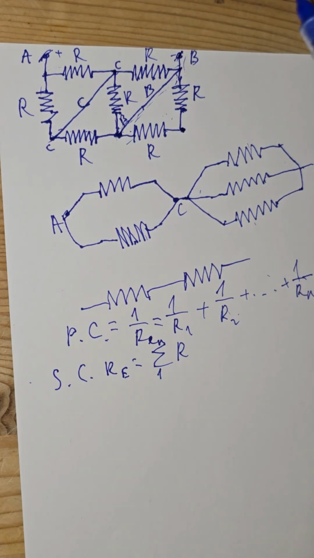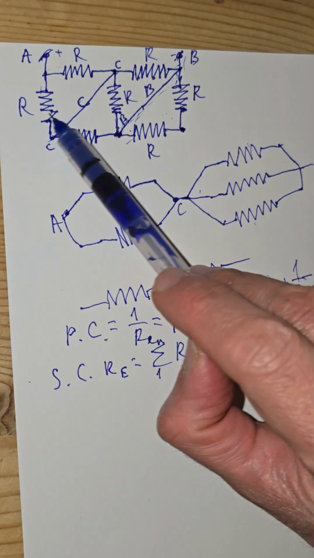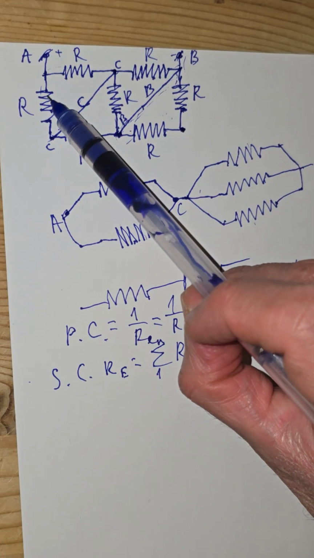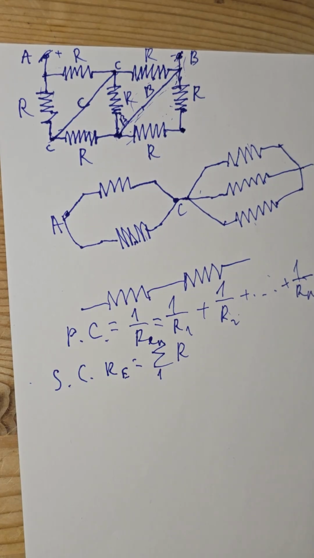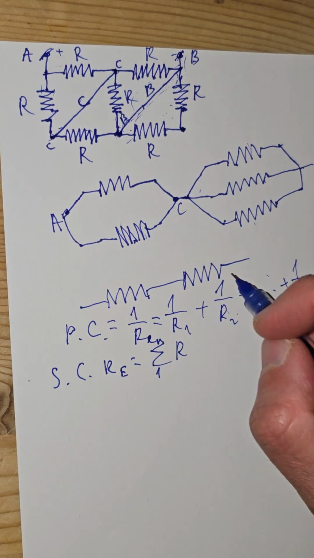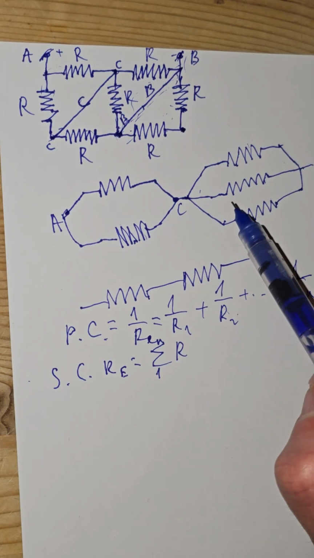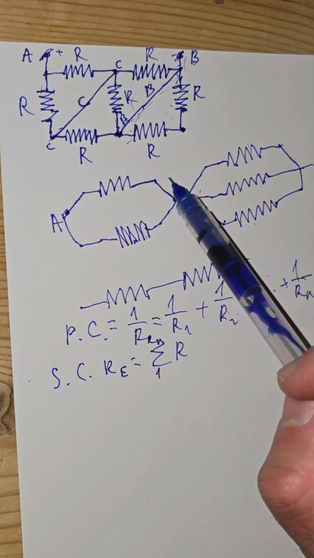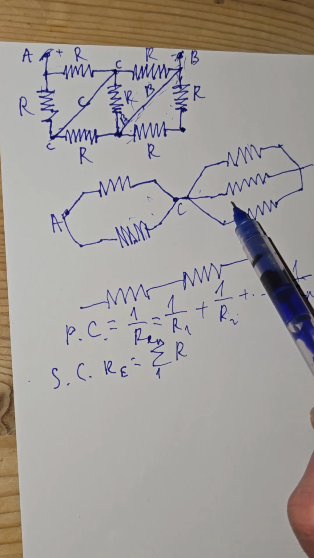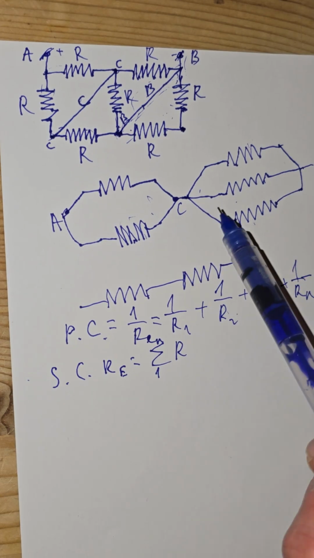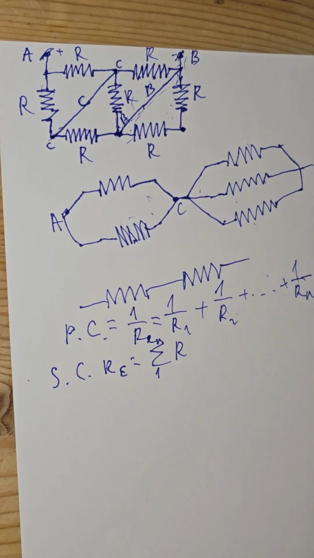That's why the current will go only here, and these two resistors will be outside of this circuit. So now these two circuits are connected in series.